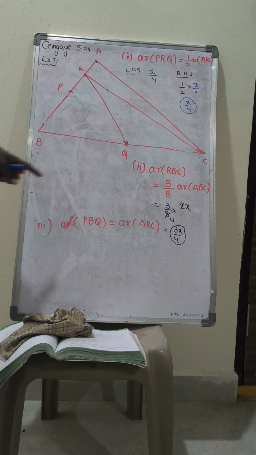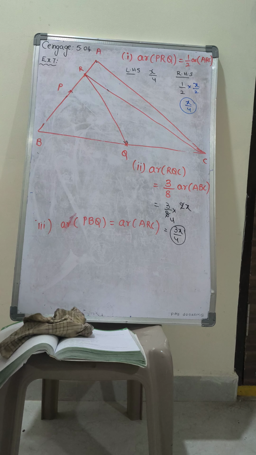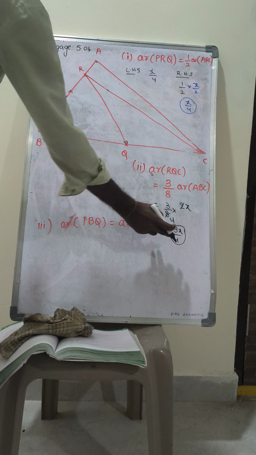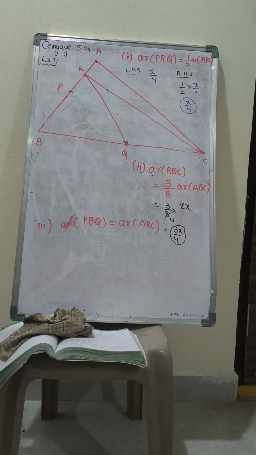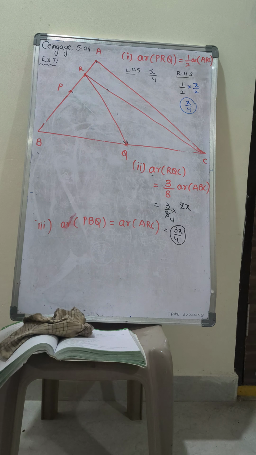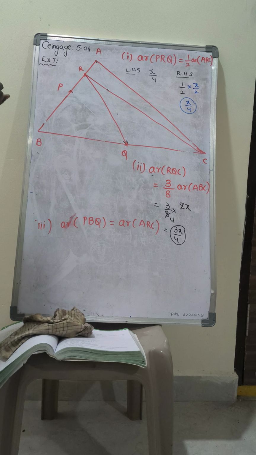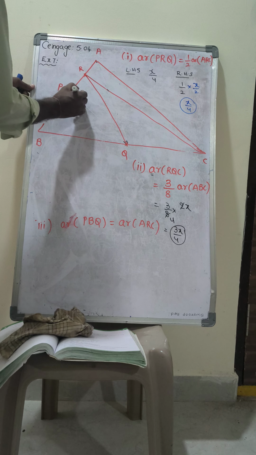Now we need to prove RQC area is also 3x by 4. Okay. But how to get RQC area? This area. So to get that, what I am going to do is, see, let's draw this one.